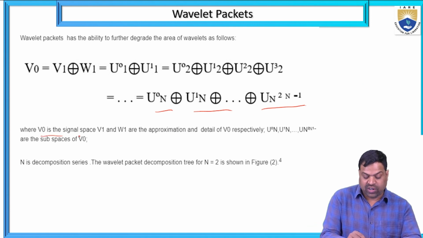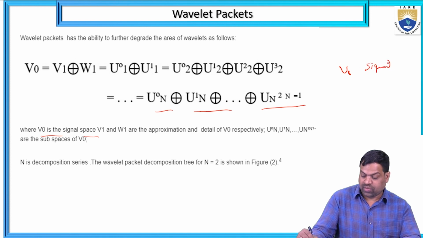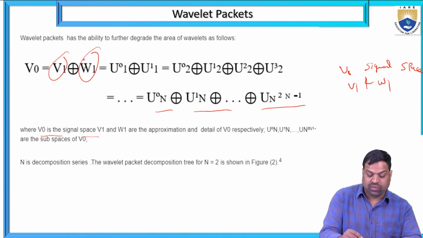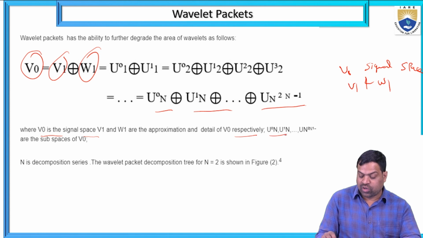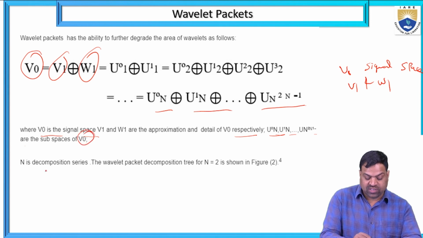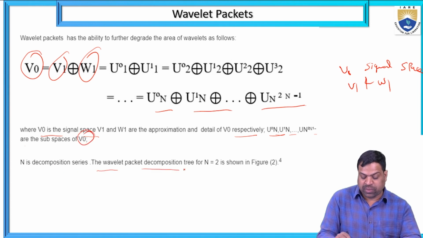So here V0 is the signal space between the V1 and W1. Between V1 and W1, that is V0. So the approximation and detail of V0 are respectively U0, U1, and so on up to Un minus 1. N is the decomposition series, the wavelet packet decomposition tree.